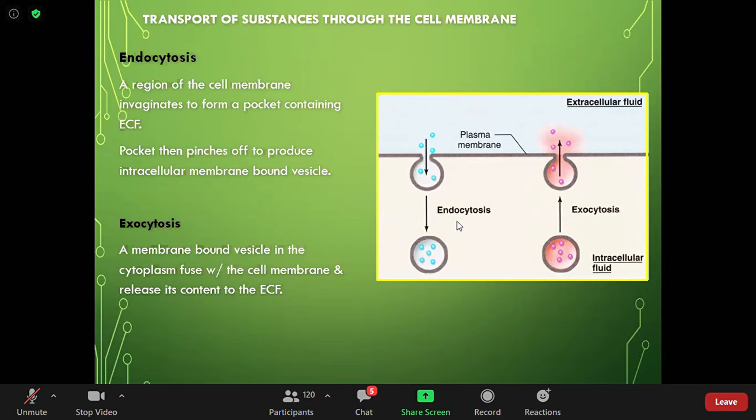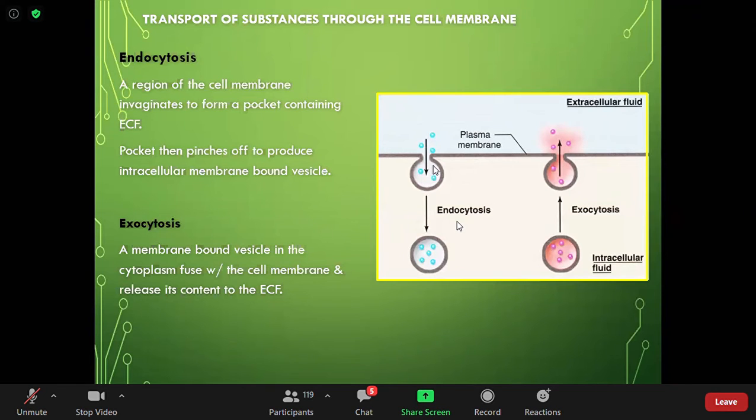The pocket then pinches off to produce an intracellular membrane-bound vesicle. So it will get inside, whereas exocytosis is the opposite.